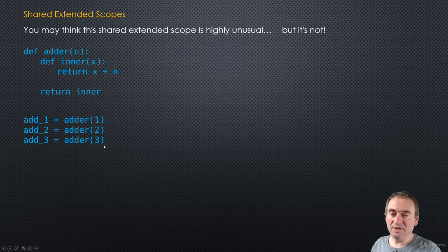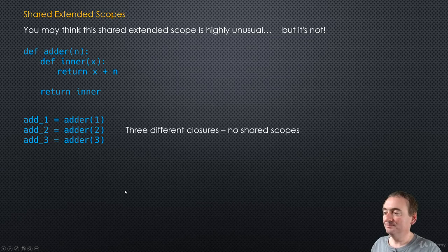And then the same thing with 3. So in fact, when we call add1, it's going to add 1 to whatever we pass in as the parameter for add1. Because remember, add1 is just inner. So it expects one parameter as well, right? The point though is that those are three different closures, no shared scopes. They were created from different calls to the function. Different scopes, therefore different closures.